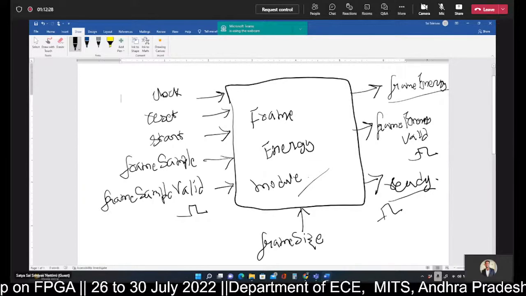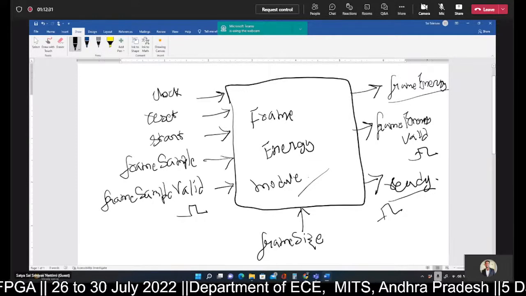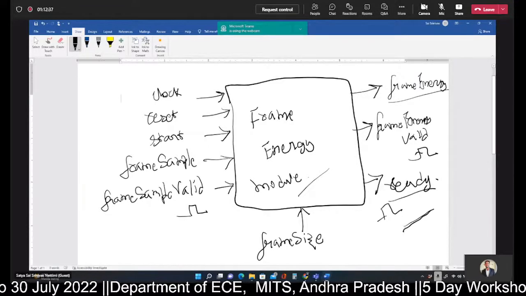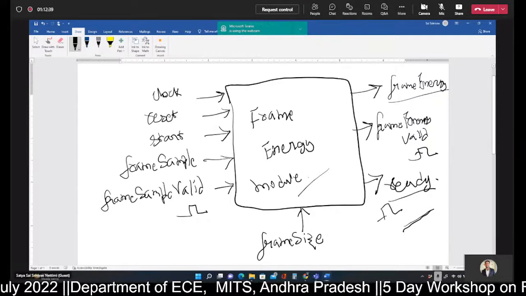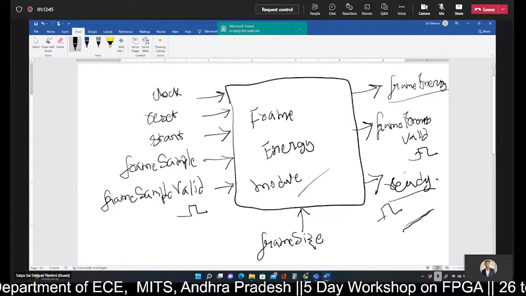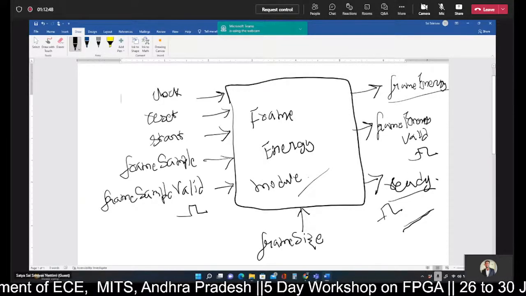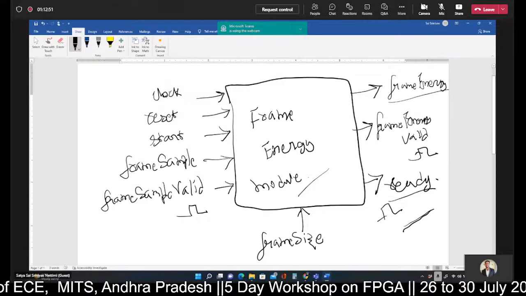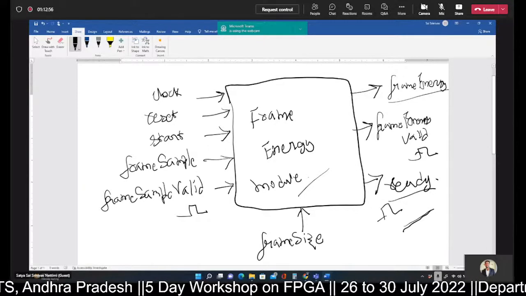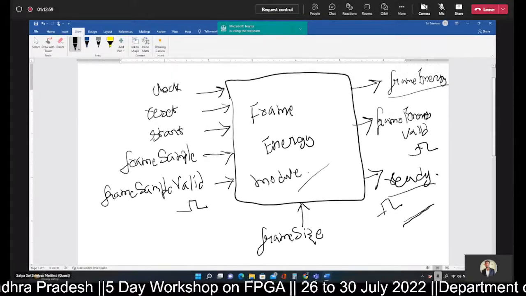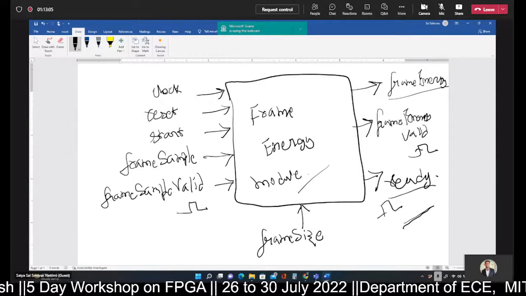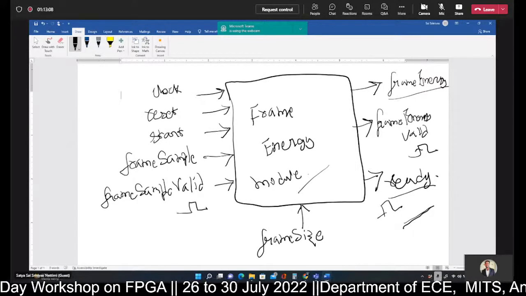While it is calculating the frame energy, the ready should be active low, indicating that it is busy and in the computation phase. So to denote this operating status of the frame energy module, we will use one status signal. So that's it. This is the high level architecture of the module that we are going to design in today's session.